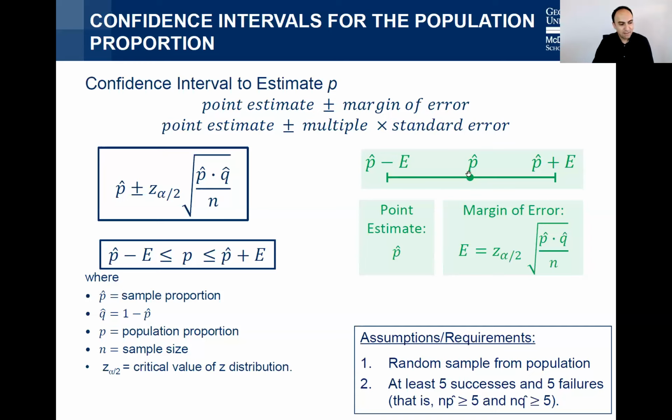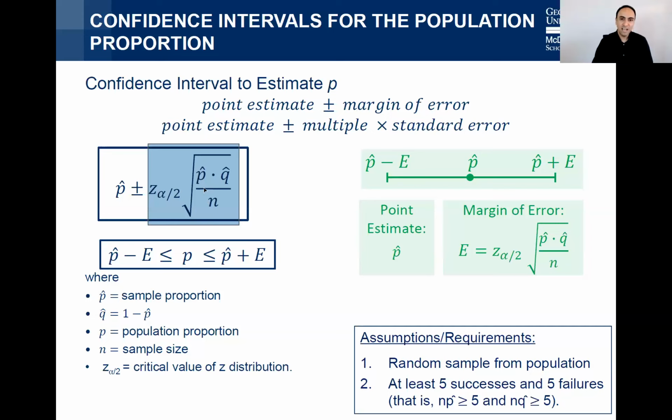Again, this is like having a point estimate, adding and subtracting a margin of error from it. What is the margin of error? It is this whole value that we are adding and subtracting from the point estimate. Two assumptions. The first is that we have taken a random sample. And the second is that we have at least 5 successes and failures.